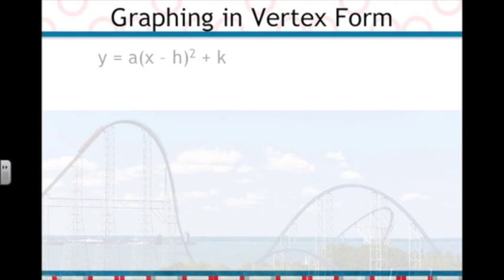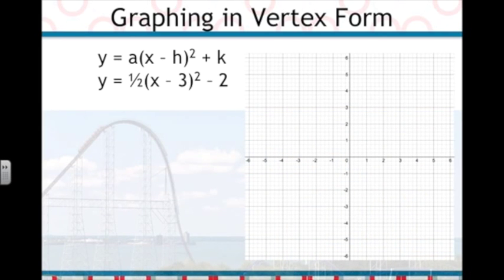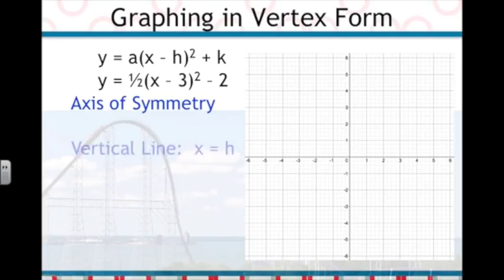The first feature of the equation, y equals 1/2 times the quantity x minus 3 squared minus 2, that we're going to find is the axis of symmetry. The axis of symmetry is a vertical line that will go through the vertex in the middle of the parabola. Since it's a vertical line, the equation is x equals some number, and in this case the number is the value of h.